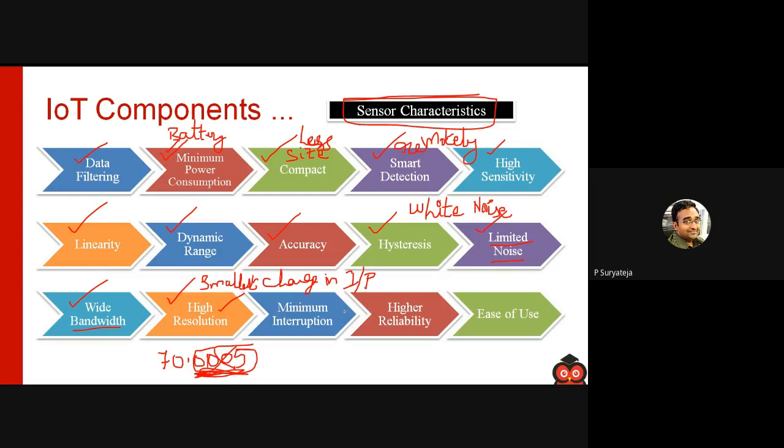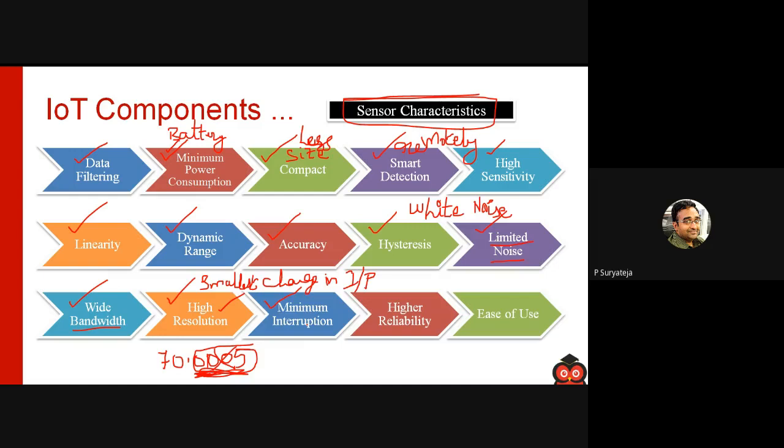And the next thing is minimum interruption. As I previously said, it is not always easy to manage the sensors which are deployed across different areas. The sensor should be operating normally in different conditions, either weather condition or some other condition, even if the environmental or other conditions are adverse.